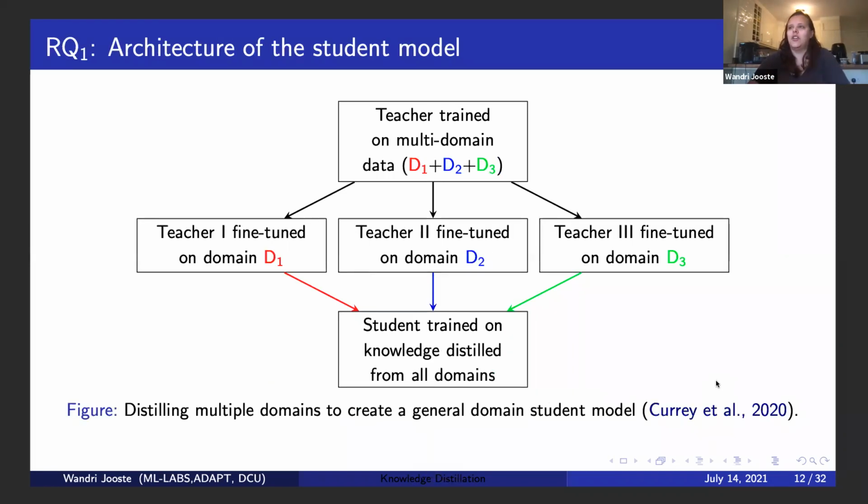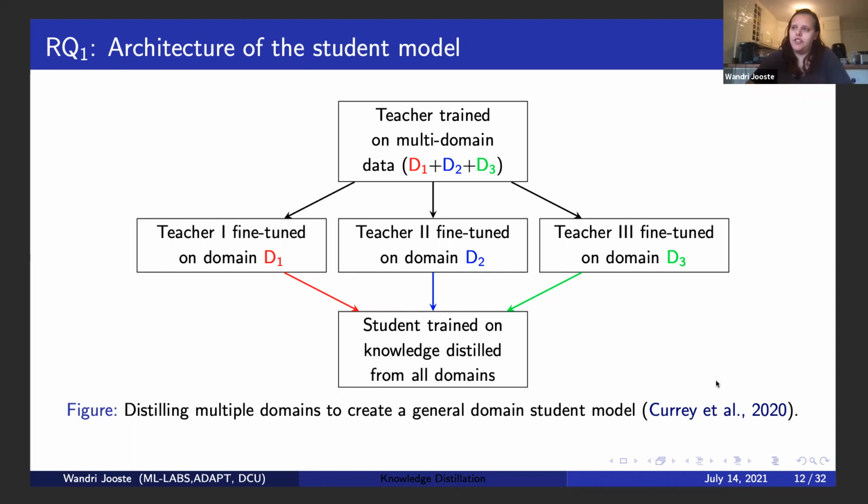In terms of the architecture of our student models, in the paper by Curry and co-authors, if you want to distill multiple domains to create a general domain student, you'd have a big teacher model, in this case with 12 encoder and decoder layers, trained on multiple domains.